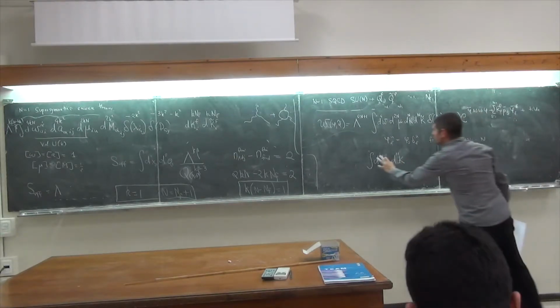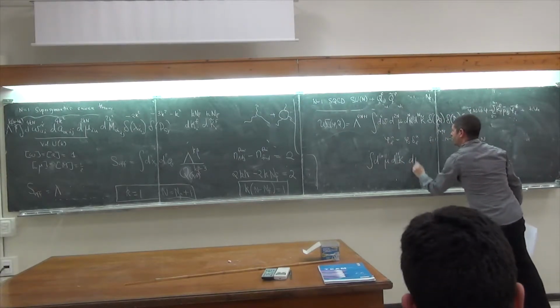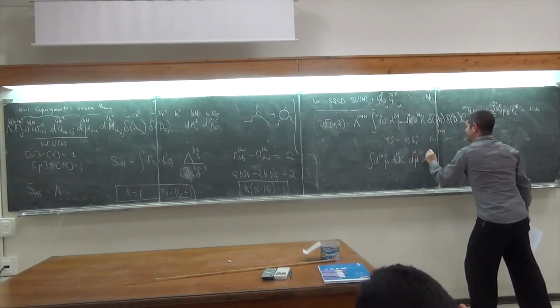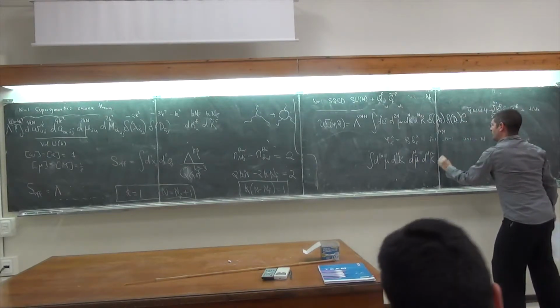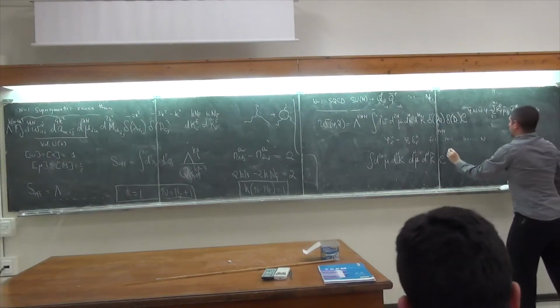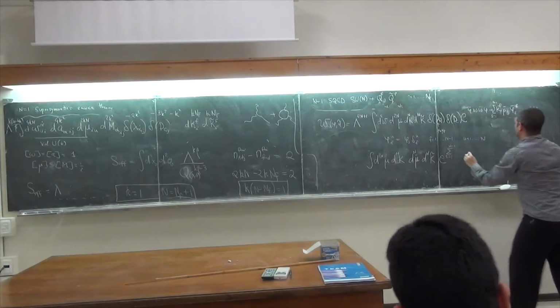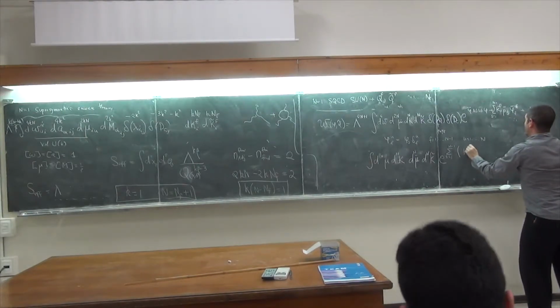So you have mu, which is n, and then you have u bar, which is also n, and then you have dn kt, and then you have the exponential of sum from s equal to 1 to n minus 1 of km.